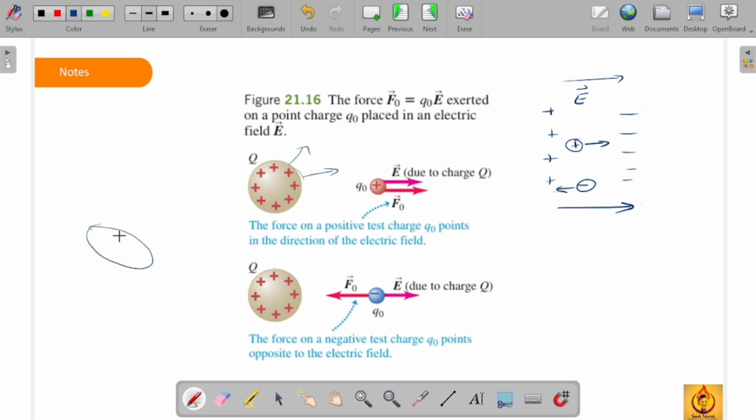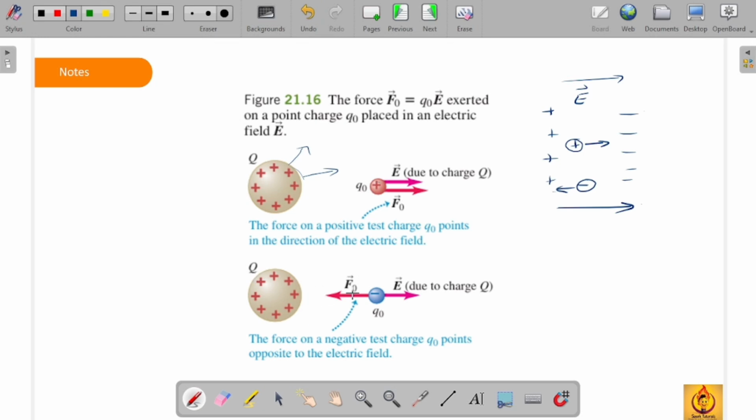If we had another charge here, a bigger charge, but now negative, the field lines will be into that charge, right?